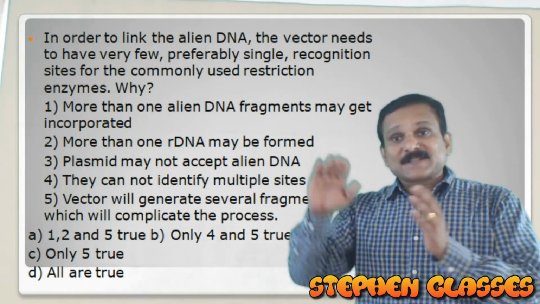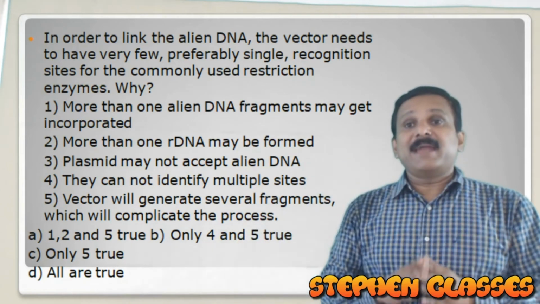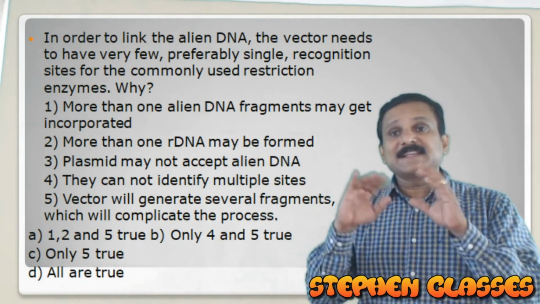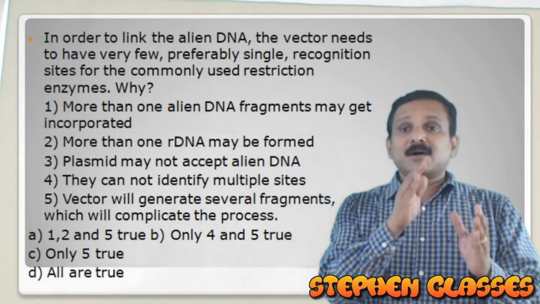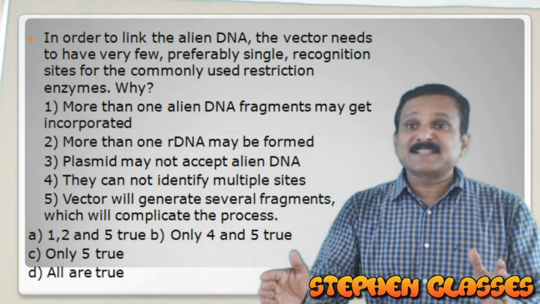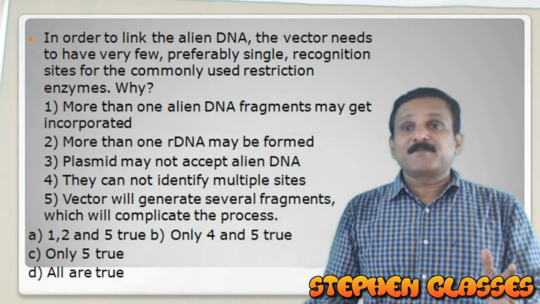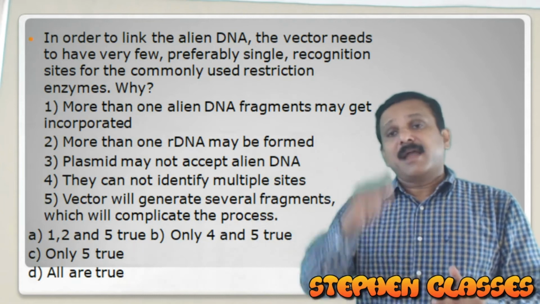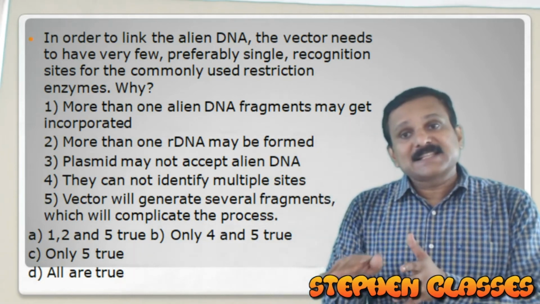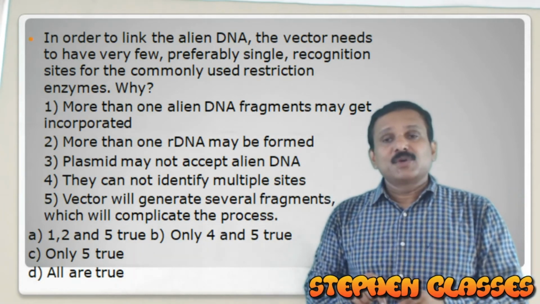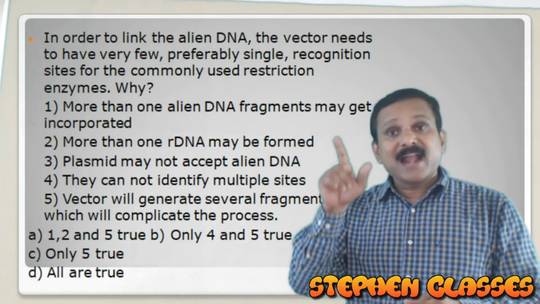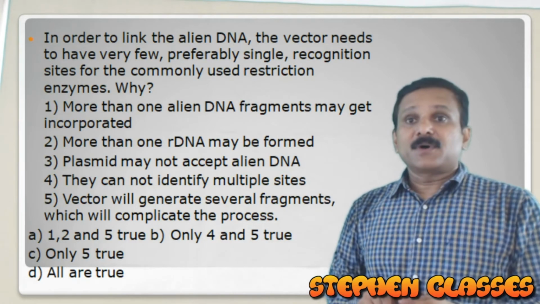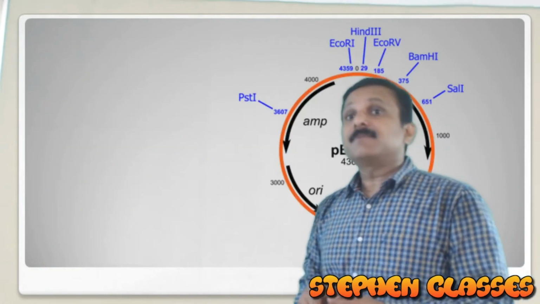At more sites on the vector, a cut will be made and the vector will be destroyed, or the DNA will get fragmented. So usually in the case of a circular plasmid, only at one region a cut will be made so that we can insert the donor DNA over there. Okay. So preferably only one recognition site will be there.